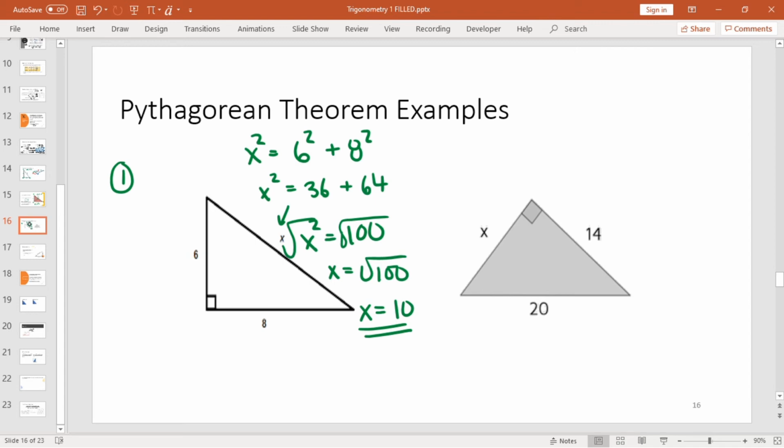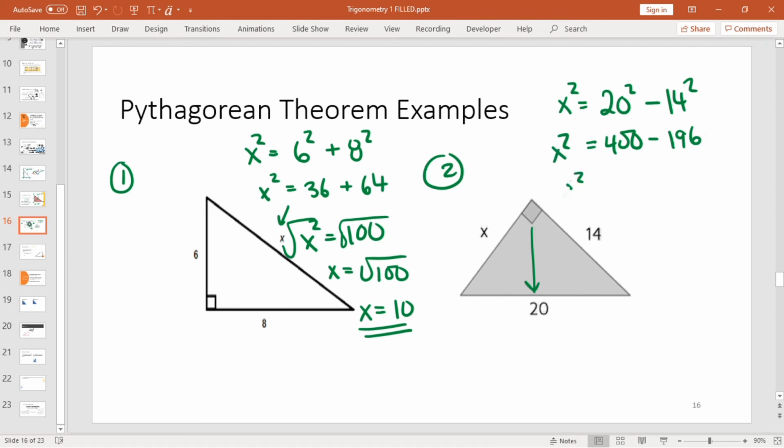Okay, looking at the second example, number 2. This time we have the hypotenuse, so my math looks a little different. My unknown is one of the legs, so x squared is going to equal 20 squared minus 14 squared. Don't throw that away. Do the squares. Then we are going to do the subtraction.